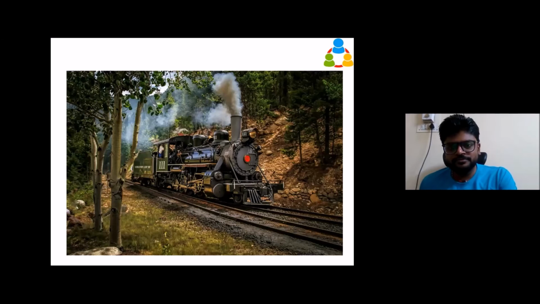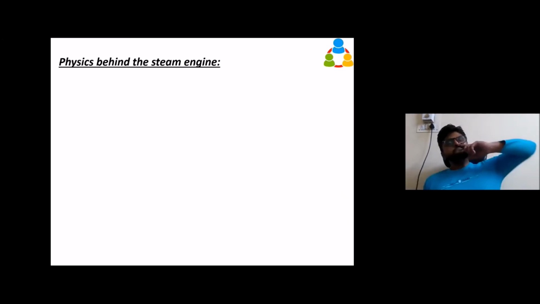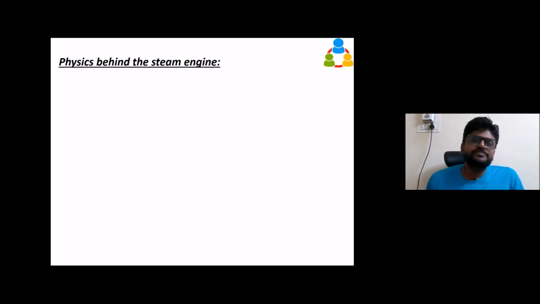So that's it. Now, this is my part, the physics behind the steam engine. So I want to ask you. In general, I produce the high pressure steam and give it to the cylinder and piston assembly, and the piston moves forward and backward. That is converted into rotational motion, and my engine is moving.